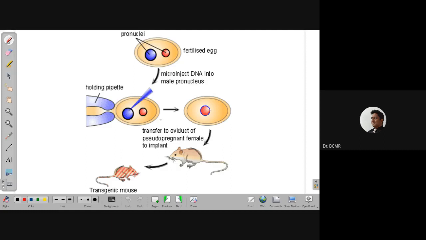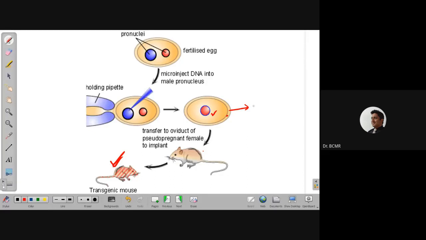Once microinjection is done into the male pronucleus, it will fuse to become a nucleus, and then it's transplanted into the mouse, and then we have a transgenic mouse, the baby of it. We are already calling it a transgenic mouse because all the cells of this organism would have derived from the zygote.